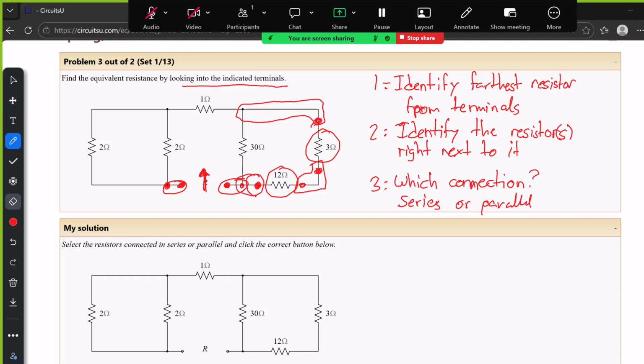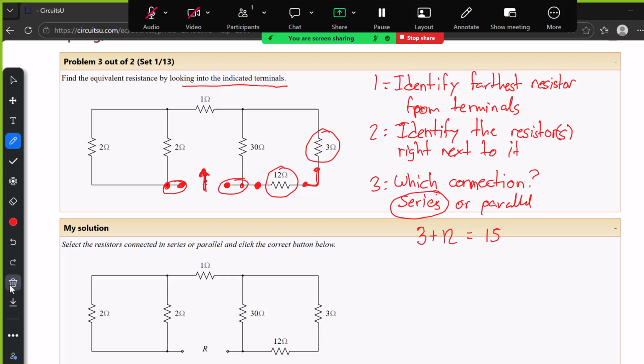So this means that our connection between the 12 ohms and the 3 ohms is in series, because connections in series only share one common terminal among them. So in this case, it's going to be 3 plus 12, which is going to give us 15. So that's our first thing.